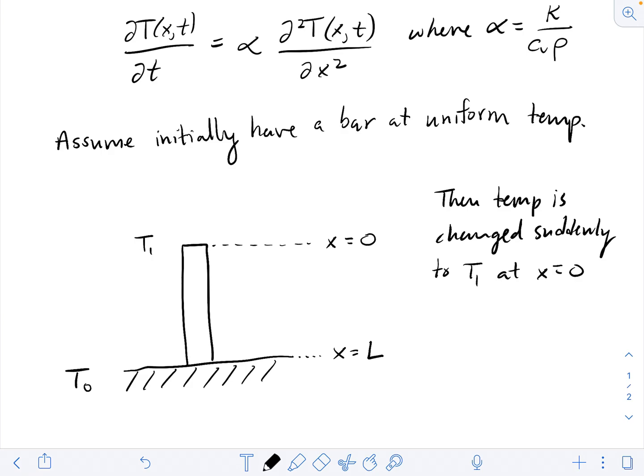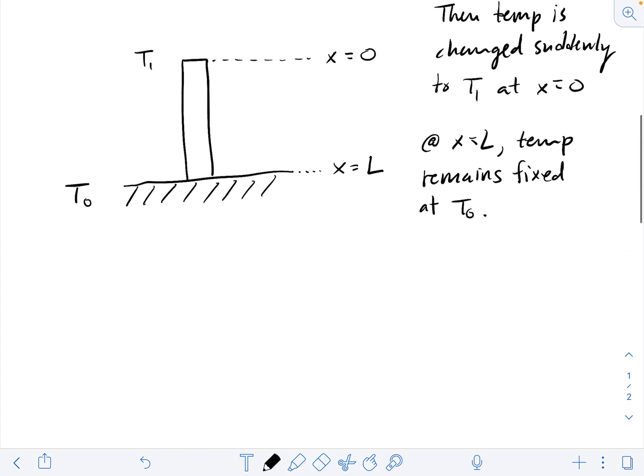While that happens, at x equals L, the temperature remains fixed at T0. What we're going to try to do is use this 1D heat equation to figure out what the temperature at all different points x along the bar is at all possible times.